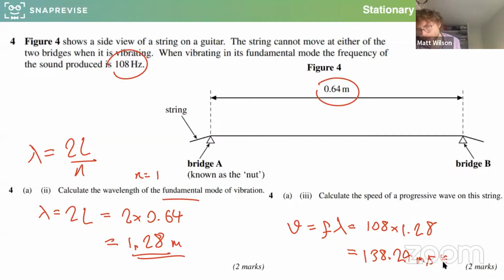They gave us three significant figures, so I think 138 is better here. 138 meters per second to three significant figures. Good. Okay.